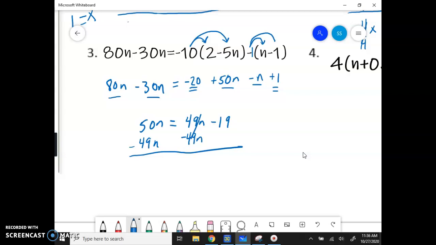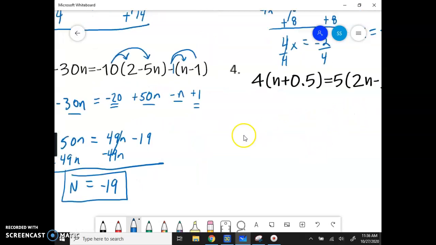So it eliminates on the right, and 50n minus 49n, I'm left with just 1n is equal to, just drop down this -19, and it looks like we're done. We're solved for. We have 1n is equal to -19. So there we go. There's our answer.